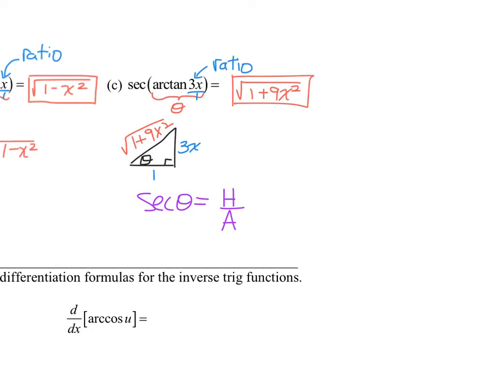Okay, this one in D, I would say no. If you knew the derivative rule for arc cosine, not too bad. No difficulty difference between left and right. But here, I'd say there's a significant difference, because if I'm applying the chain rule, I first have to take the derivative of secant, which is secant times tangent of this inner function, multiplied by the derivative of the inner function, which has its own inner function.